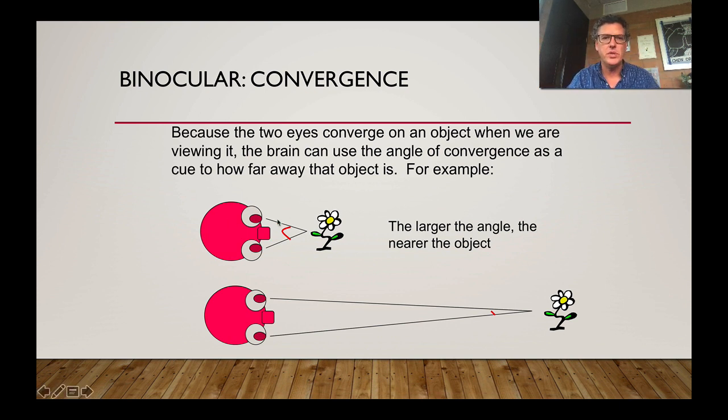So for something that's closer, your eyes are pointing and making a bigger angle, as it were. But as this thing goes further and further away, they're actually looking a little straighter, and there's a smaller angle of discrepancy between them. And so we have muscles on our eyes that can detect how convergent or non-convergent our eyes are.